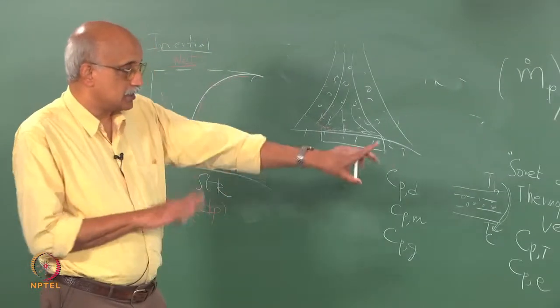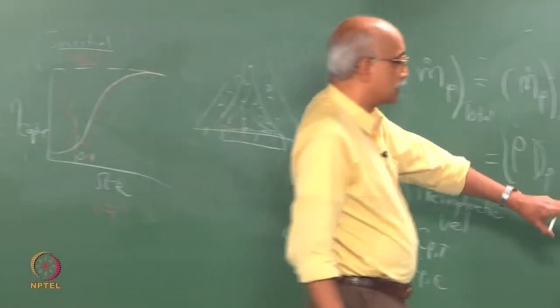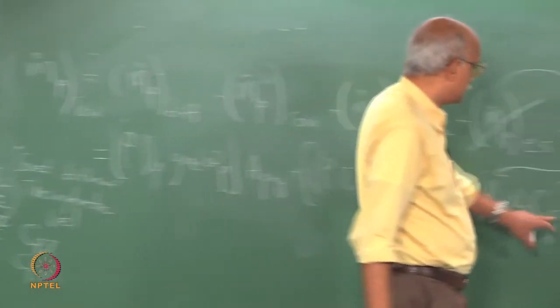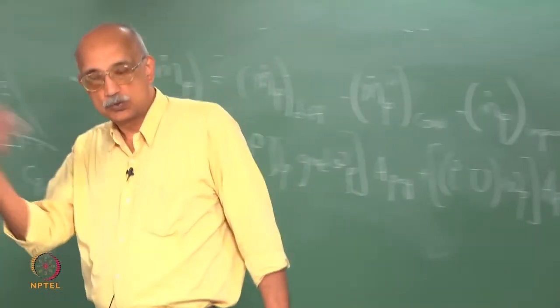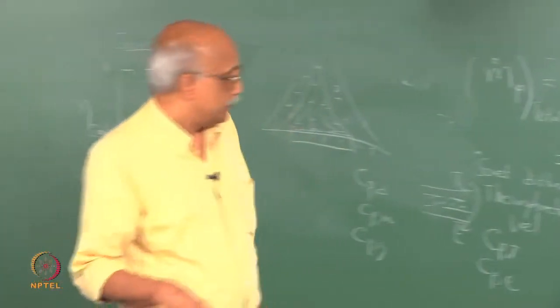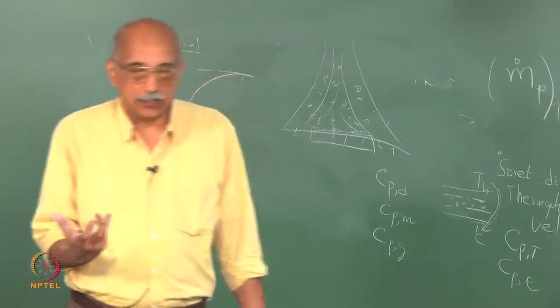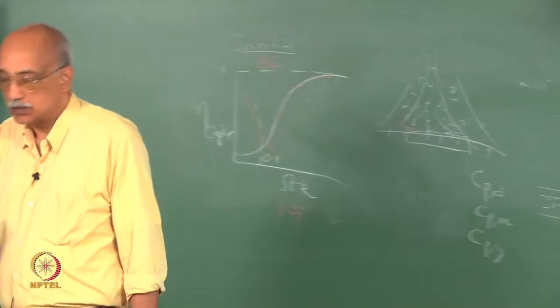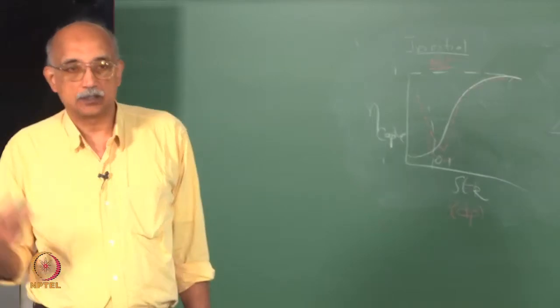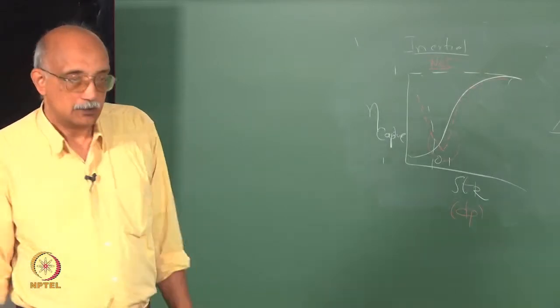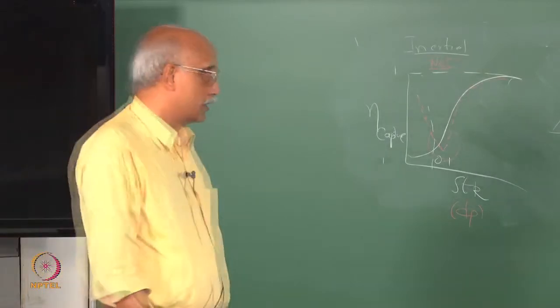So, the point is Cp in this expression is a general term that refers to all induced velocities due to an applied force field, but it can take different values depending on whether the applied force field is thermal in nature or electrical or magnetic or gravitational or diffusional and so on.